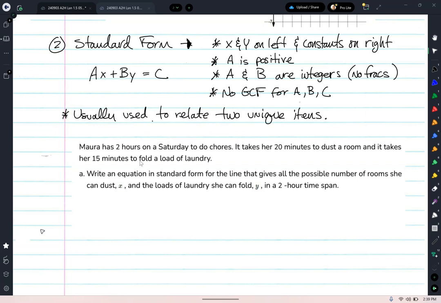So let's paste up Mora and her chores. Standard form and relating two unique items.